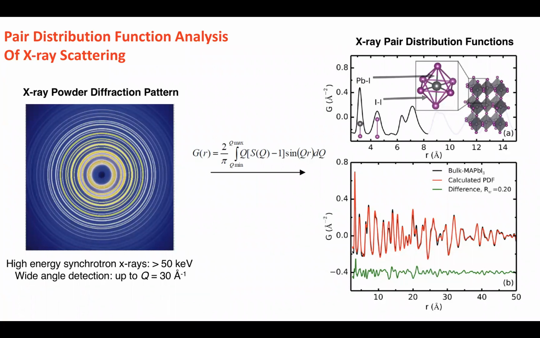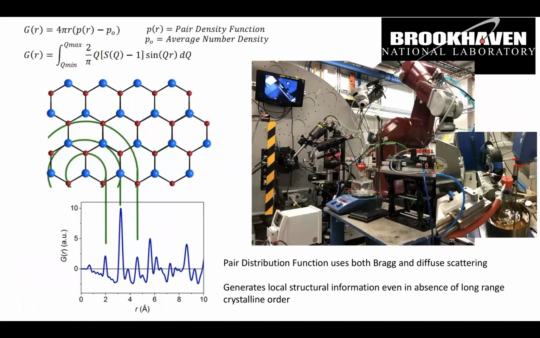Okay, so this is a histogram of distances in the solid. When you see a peak, it's because you have two centers of electron density. Electrons are scattering X-rays.